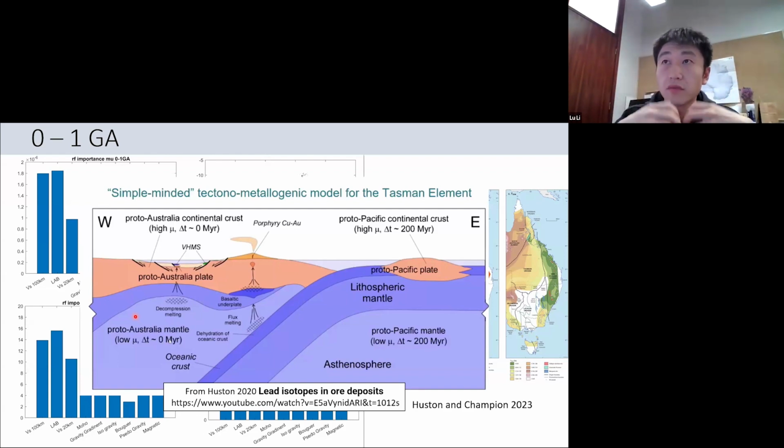We do see that the mantle conditions and also the thickness of the crust really drive the patterns we see in the geochemical data. So I guess that's a positive thing, that we can start to think about linking these things together.